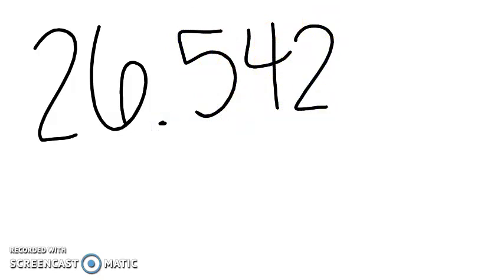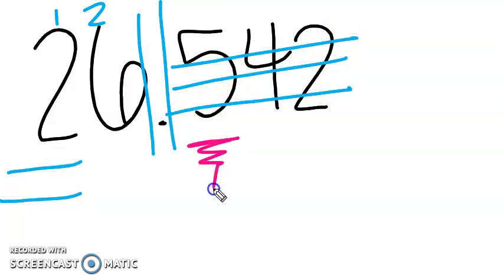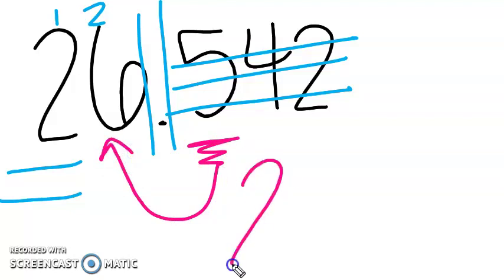If you needed to get this to 2 sig figs, you're going to have 1, 2. So you're going to want to stop the number here. You technically can drop all of this without changing the place value of my 2. But if my last digit dropped is 5 or greater, I must bump up the number that stays. So this is going to become 27.